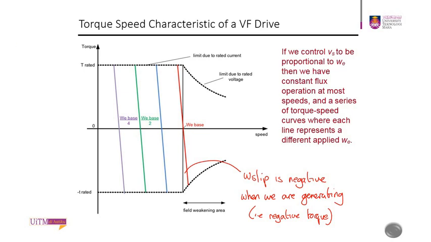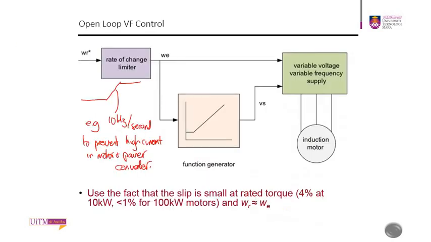This can be developed by open loop voltage to frequency control, where the frequency and the voltage are applied to the variable frequency supply, the power electronics part of the controller, and it will inject the appropriate frequency and voltage to the induction motor. We can use the fact that the slip is small at rated torque.